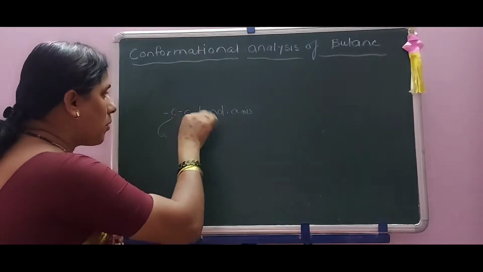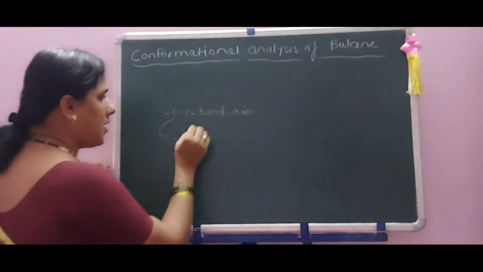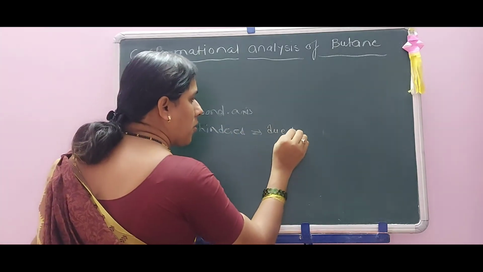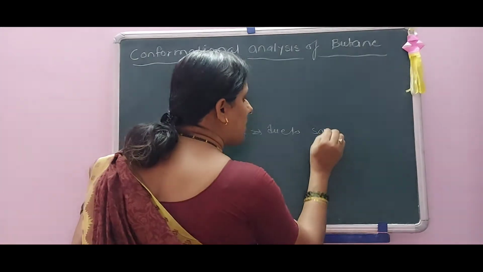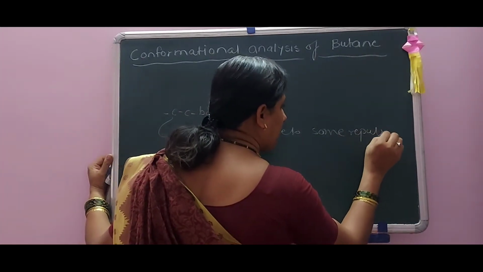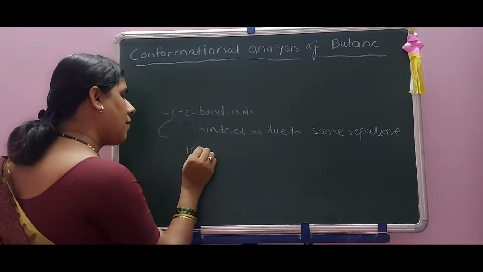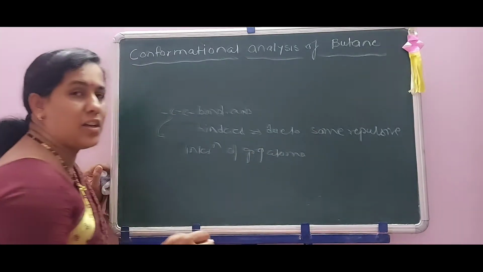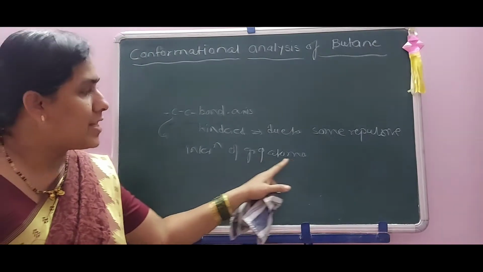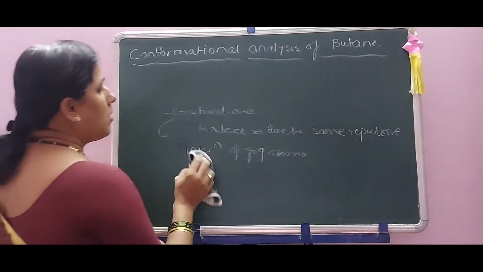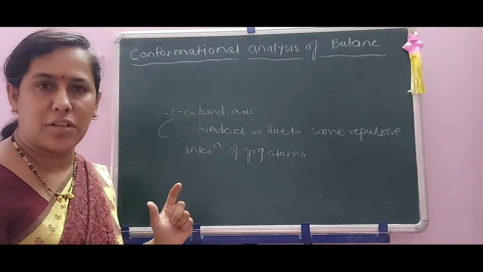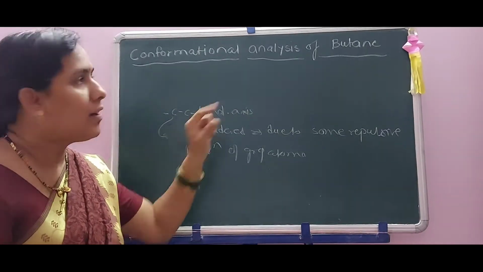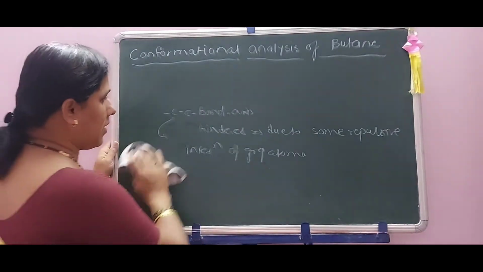That is, the rotation of the C-C bond axis is hindered due to some repulsive interactions of groups or atoms which are attached to vicinal carbon atoms. Now with the help of this potential energy diagram, which denotes the change in enthalpy of a conformer of an alkane like butane, we can explain this.